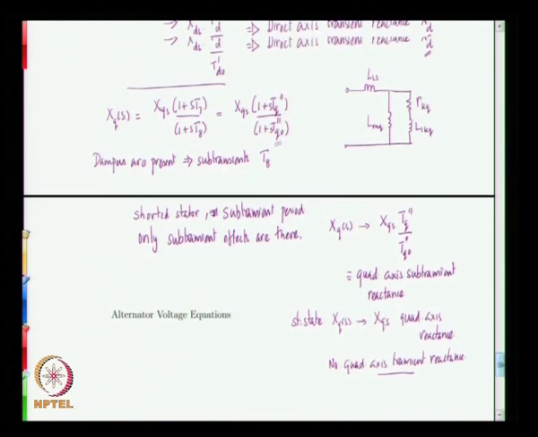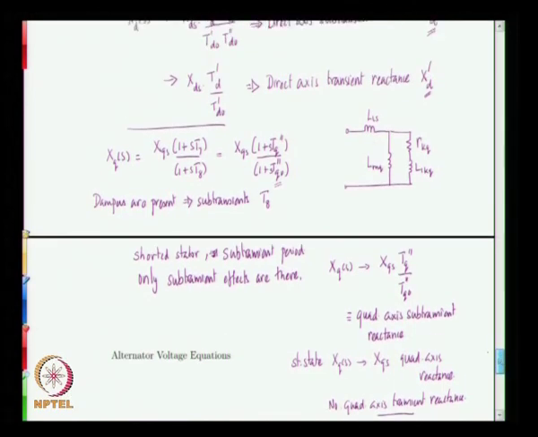So, we find that from the expressions of xds and xqs, both which are functions of the Laplace variable s, we are able to derive specific terms which are relevant for the subtransient interval or the transient interval on the d axis, and for the subtransient interval in the q axis, and we have assigned specific names for all the reactances that we encounter.